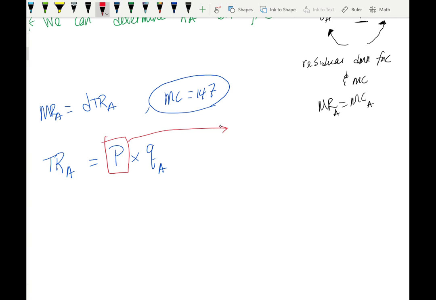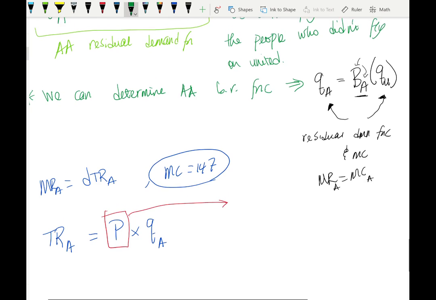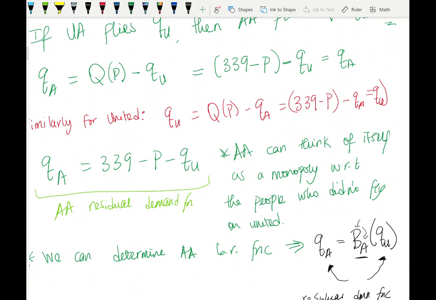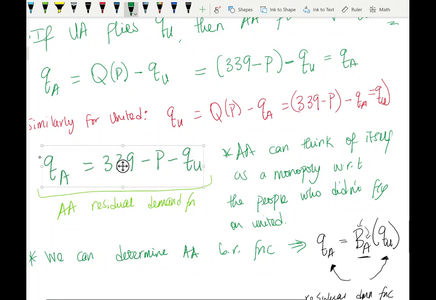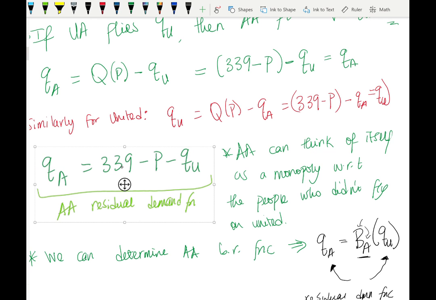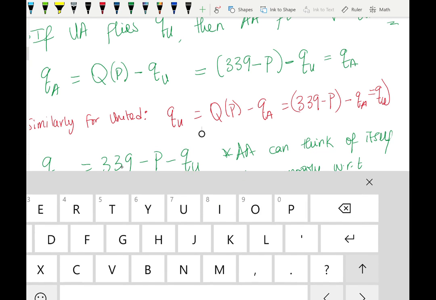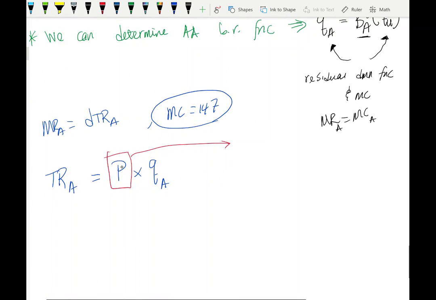All the information we have up to this point is this residual demand function. We'll just rewrite it. We have that QA is equal to 339 minus P minus QU.